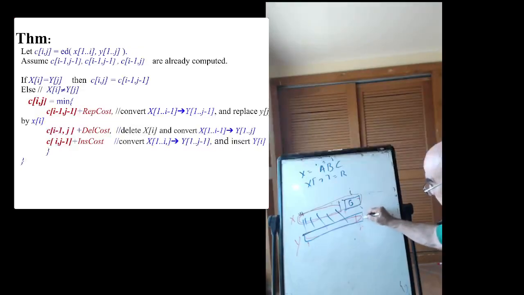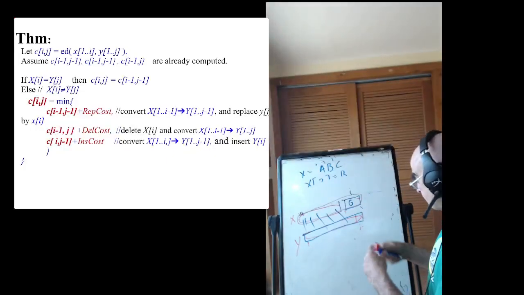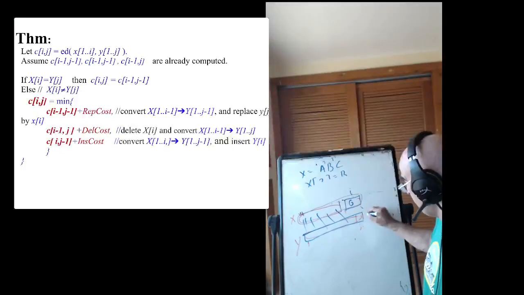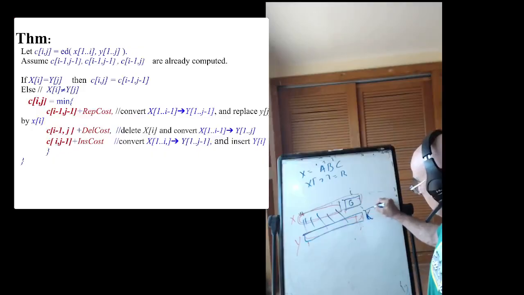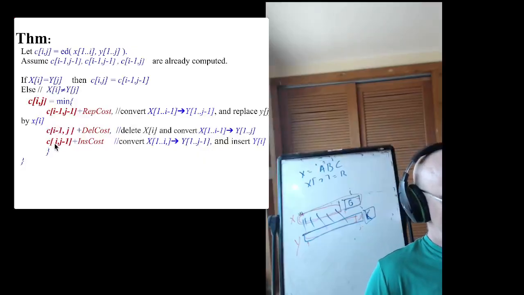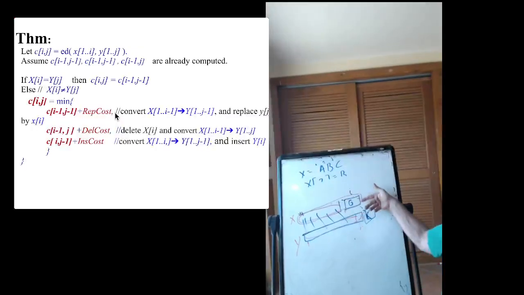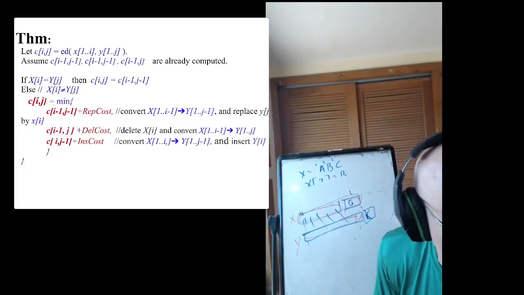So what happened with the k over here? It means that to get back to the k, I will have to pay for insertion of one new character. So c of i, j minus 1, plus insert one more character. So you had these three options: replace the j by the k, or delete the j, or insert the k. And each one possibly gave you a different cost.